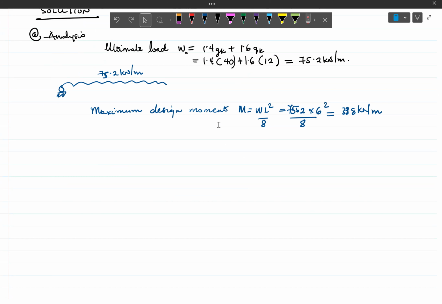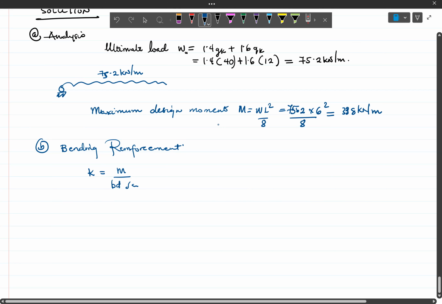All right. So once we find the maximum moment, the next point, which will be B, will be the bending reinforcement. Okay. So here we have to find K, where K is equal to M over BD squared FCU.